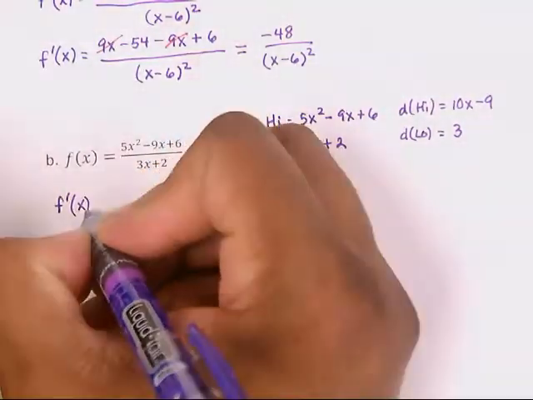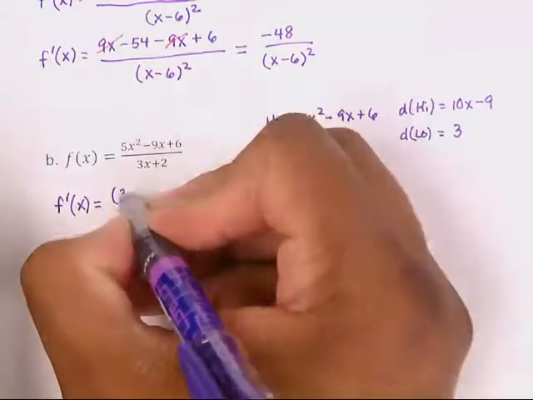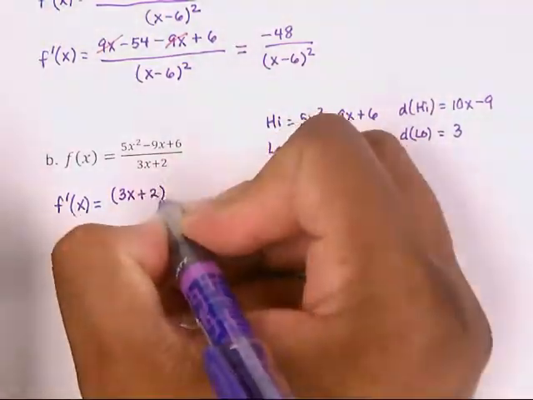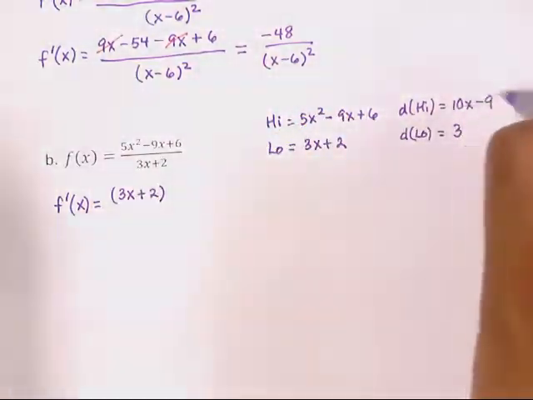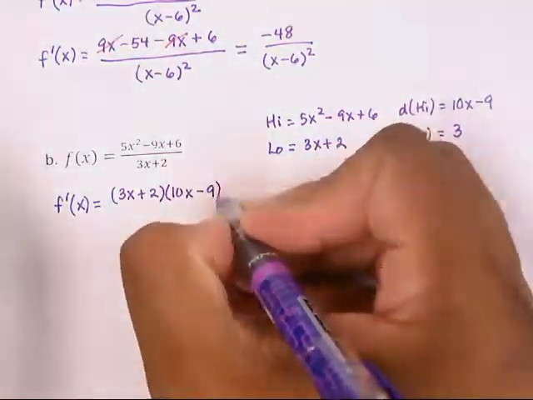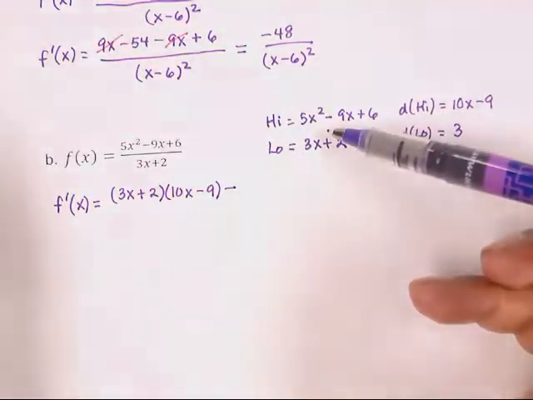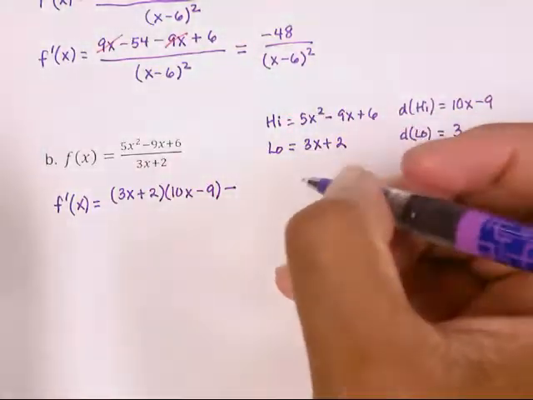So f prime of x would be the low, which is your 3x plus 2, times the derivative of the high, that's that 10x minus 9, minus the high, which is of course that 5x squared minus 9x plus 6.